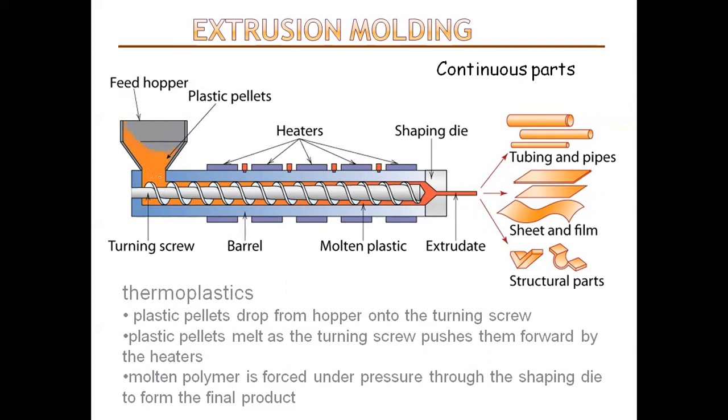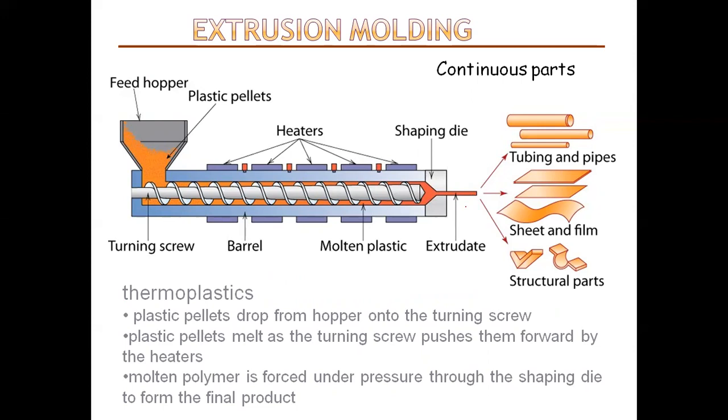The process has much in common with injection molding from the point of view of extruder technology, though it differs in that it is usually a continuous process. So it can offer many similar profiles in continuous length.